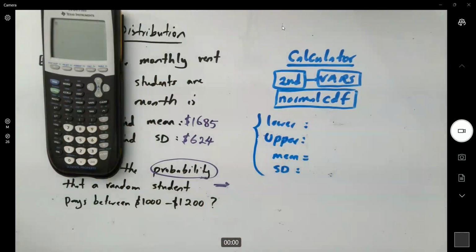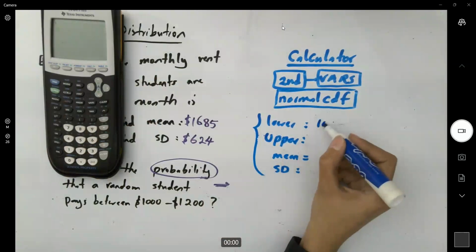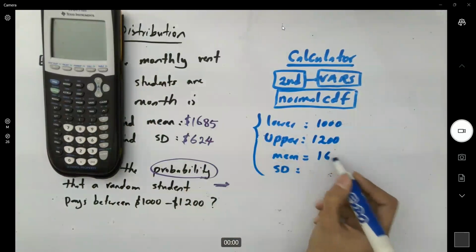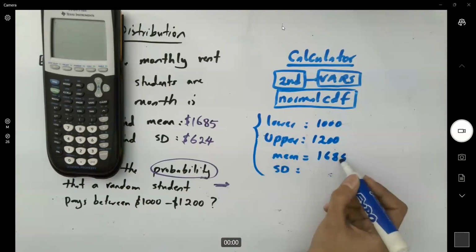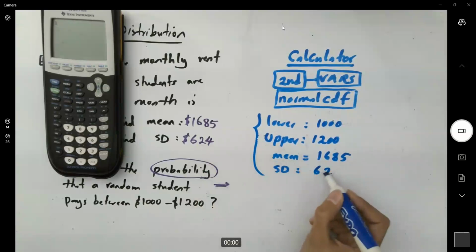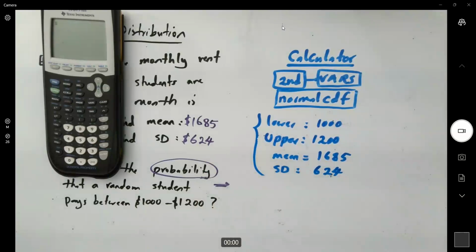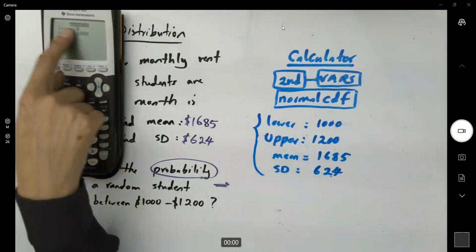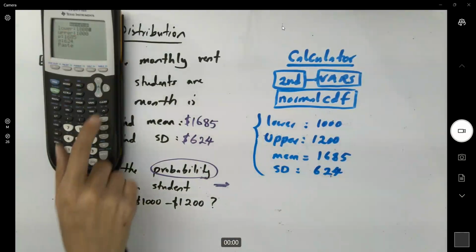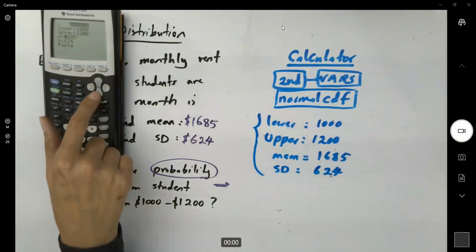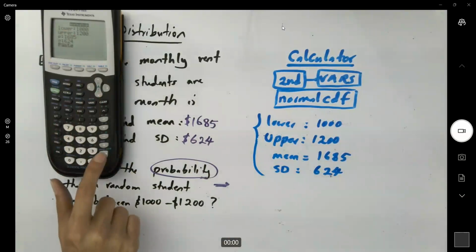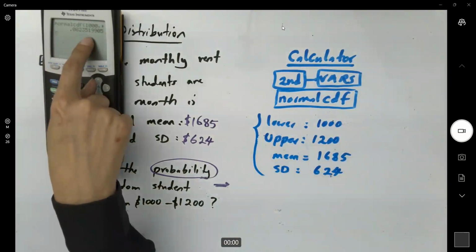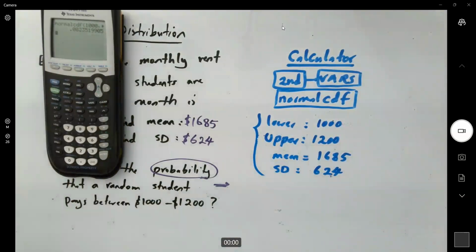So here now, you can find these 1,000 and 1,200. Mean stays the same, $1,685, and the standard deviation $624. And we go to second, bars, normal CDF, and the lower limit is $1,000, upper limit 1,200, mean the same, standard deviation the same. You do the calculation, you get 0.0, okay, 82.